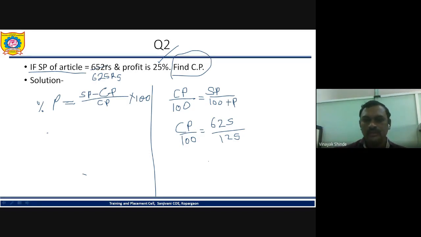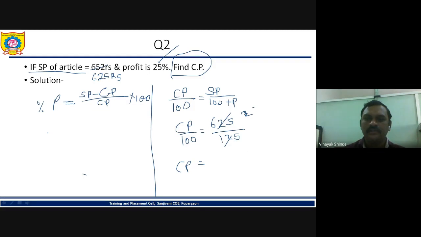So here I'll calculate. The cost price is equal to 625 by 125. Both are divisible by, I think, 25. Or else, if it is difficult, you can start with 5.